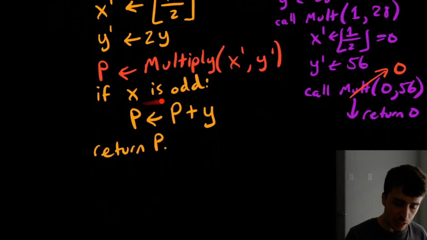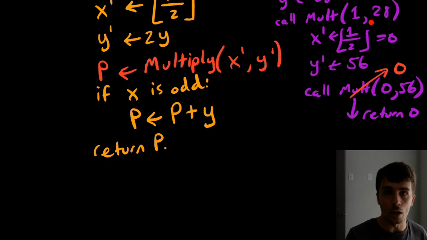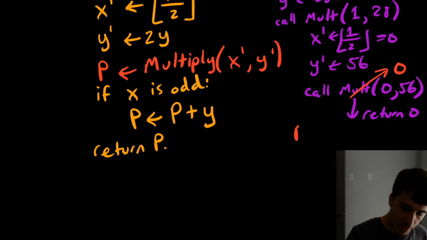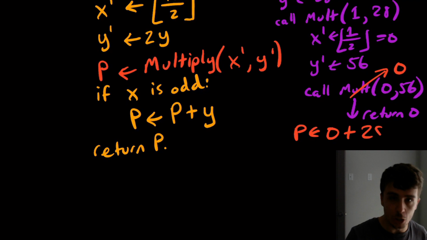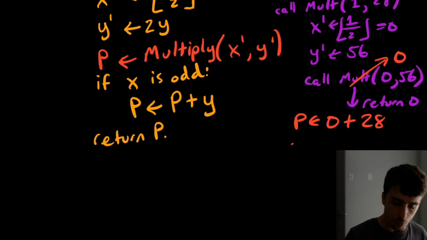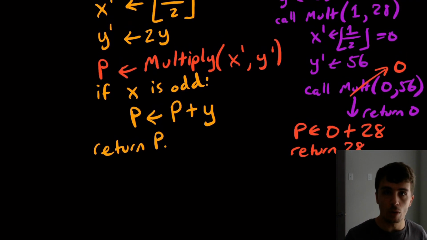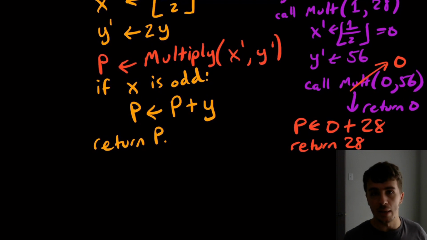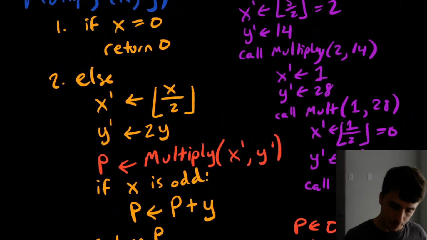So if x is odd, which it is in this case, we're going to add 28 onto the result that we got, which is 0 here. So p is going to be 0, which is what it was before, plus 28. So therefore, we're going to return 28. Which is what we should get. 1 times 28 is 28.